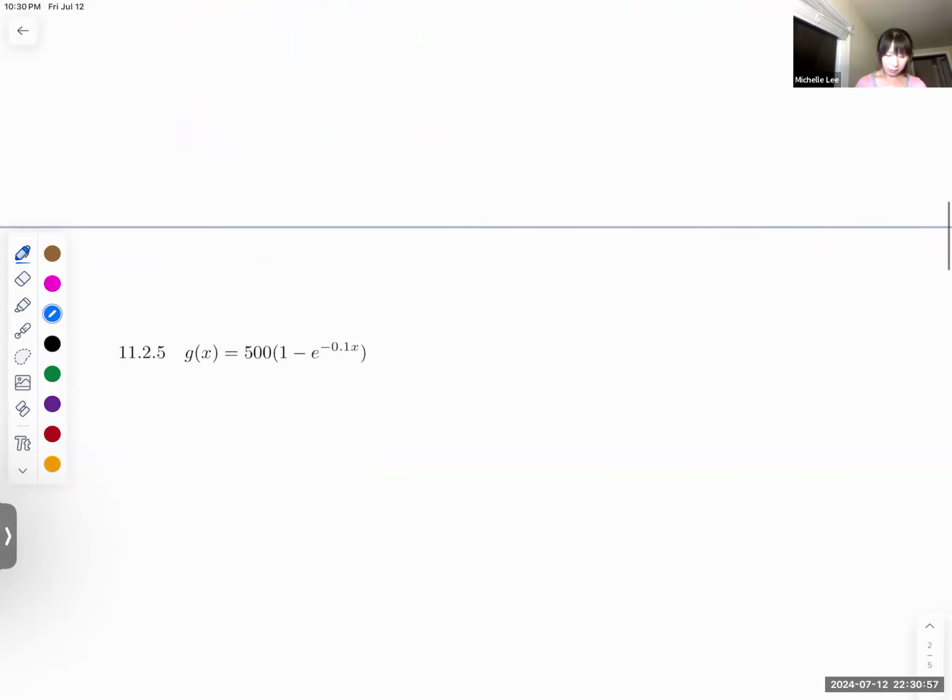Now we want the derivative. Okay, how do we do this one? We can simply take the derivative by using the product rule. Or we can distribute, then we have 500 minus 500 e to the negative 0.1x.